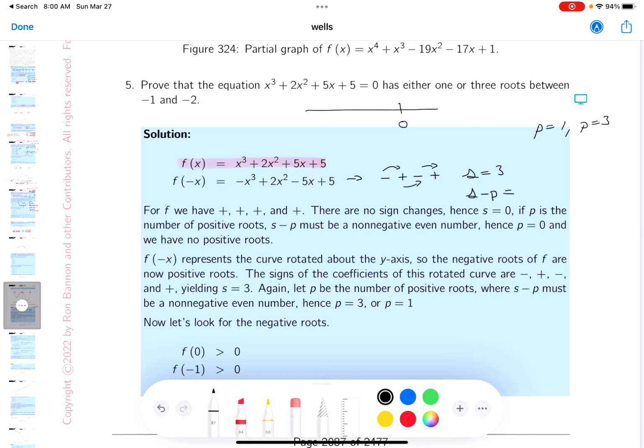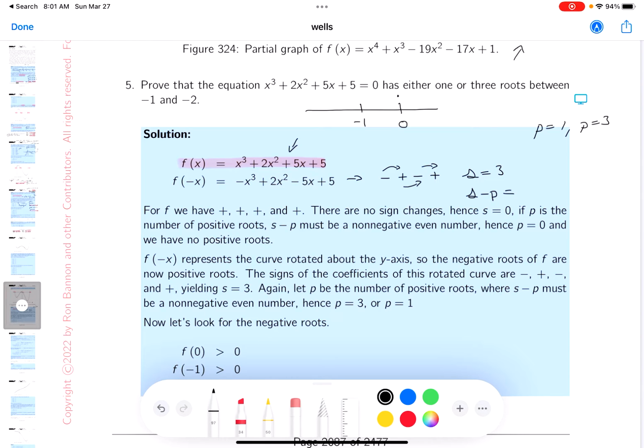So at 0, it's definitely positive. And then what I'm looking at is what's happening as I start to move down. Now, by the way, I know the curve at some point is going to be moving down, and over here it's moving up, but I'm not concerned about that. What I'm concerned about is what happens at -1 now? By the way, it has to cross at least one time now.